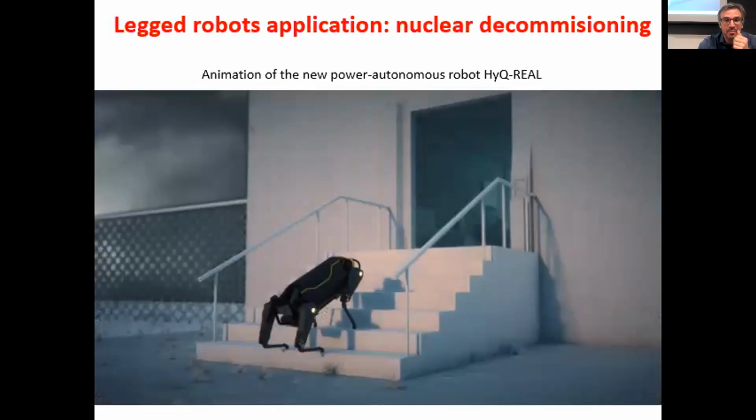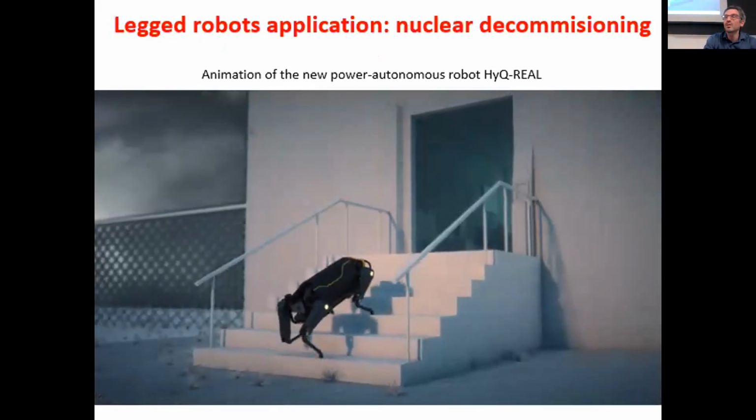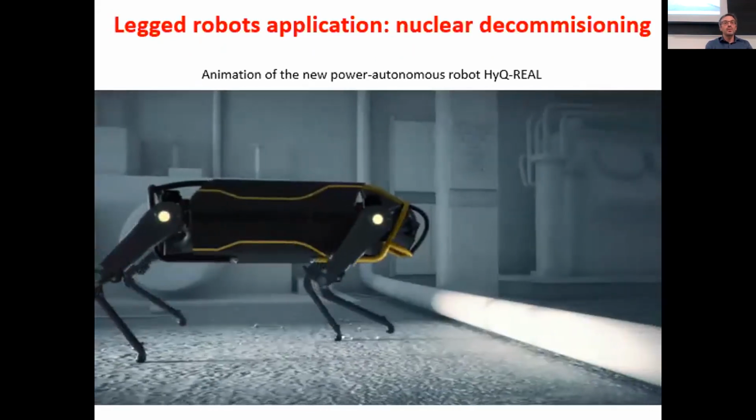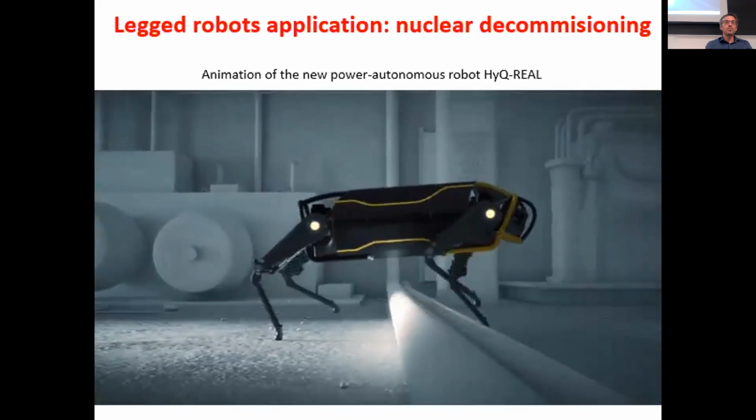And this is an application of legged robots for nuclear decommissioning, for example. So we say that we want these robots to replace humans, also in situations where the human could die.